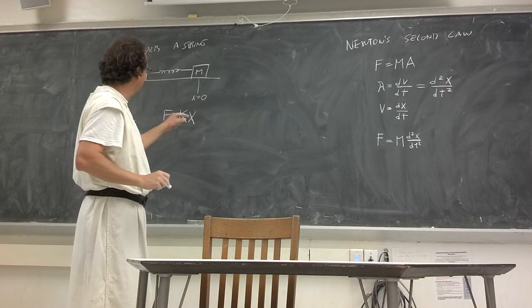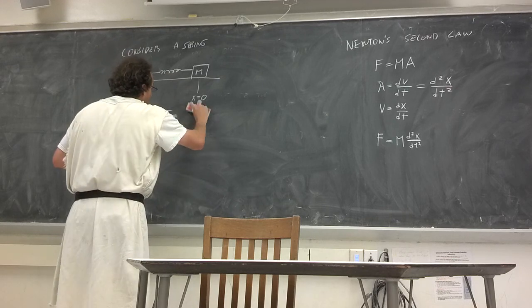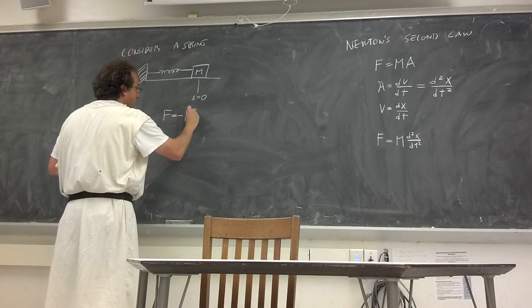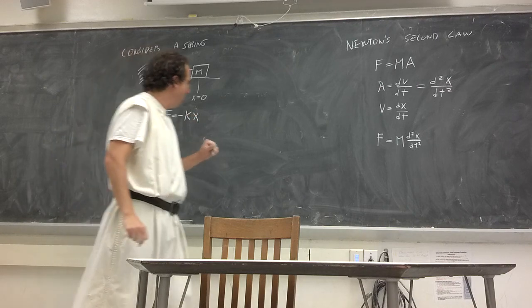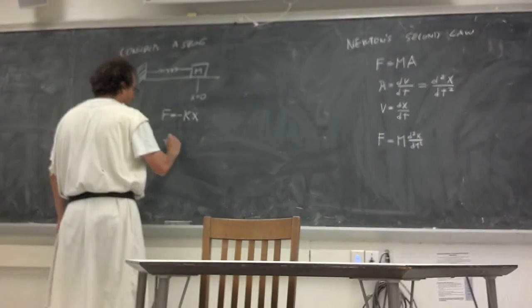It's actually probably going to be negative, since we're pulling back, though we could absorb the negative sign into the constant. Let's just write it like this: F equals negative kx.